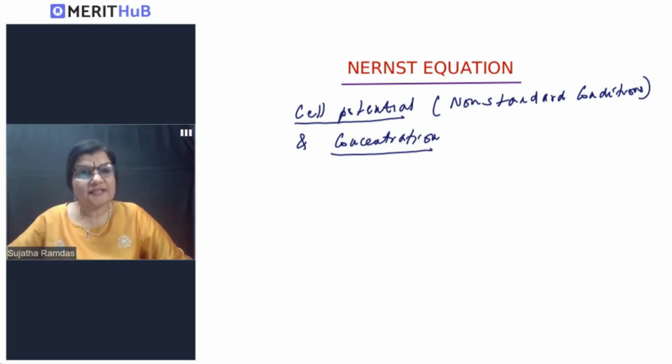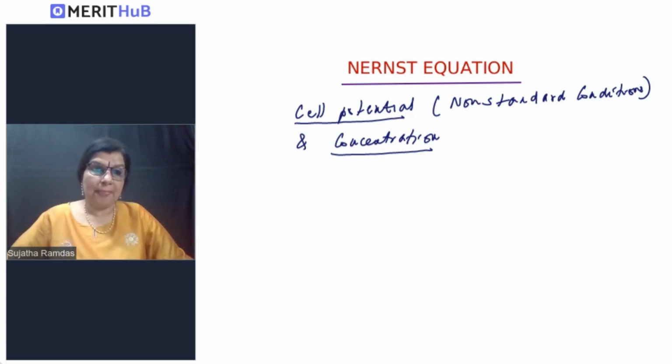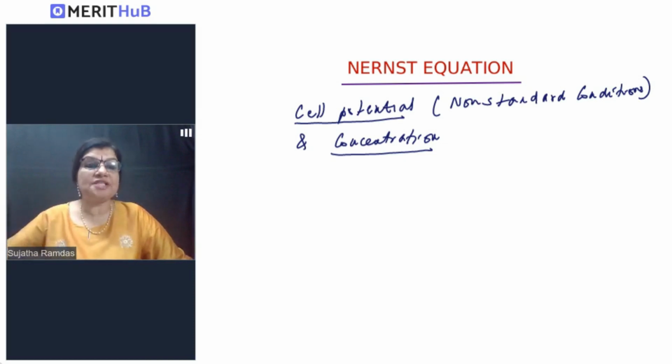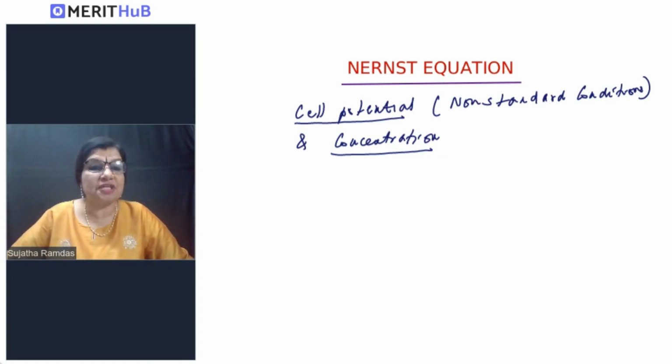All right. Now let's quickly understand what the Nernst equation is. Let's try to understand it from the free energy and concentration relationship. So this dependence of cell potential on the concentration is actually because of the dependence of free energy change on the concentration of the half cells.